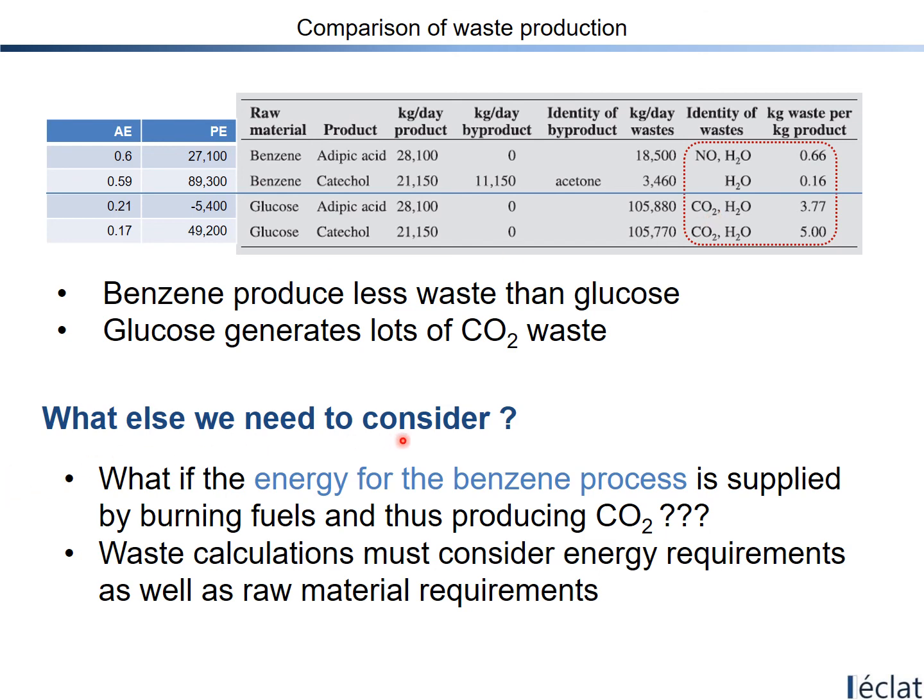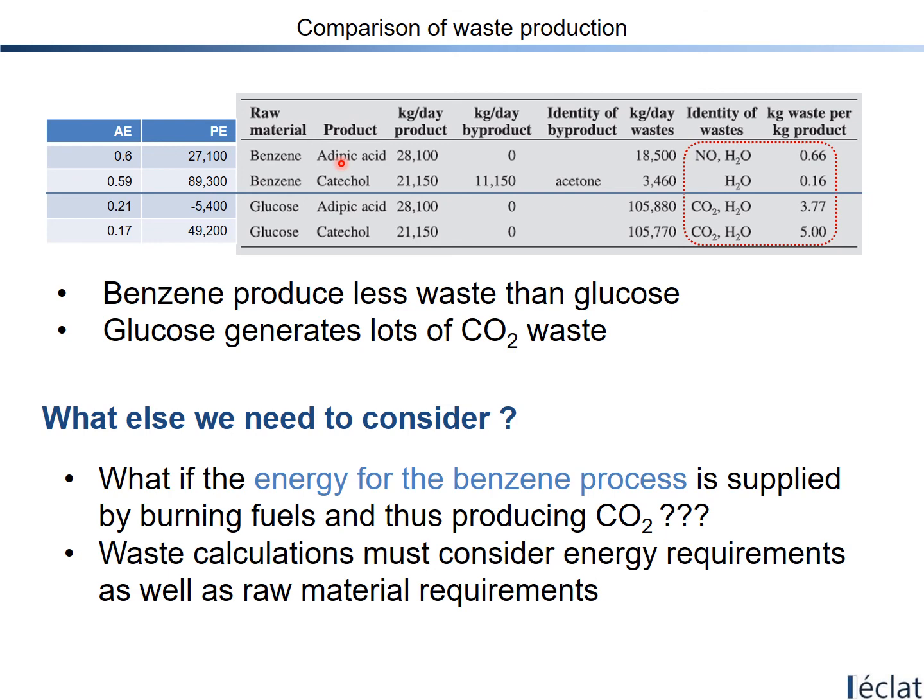What else do we need to consider? What if the energy for the benzene process is supplied by burning fuels and thus producing CO2? So I'd like to say something about the CO2 issue. From the viewpoint of CO2 from this table, of course, benzene is better than glucose. However, this process is a high temperature process.